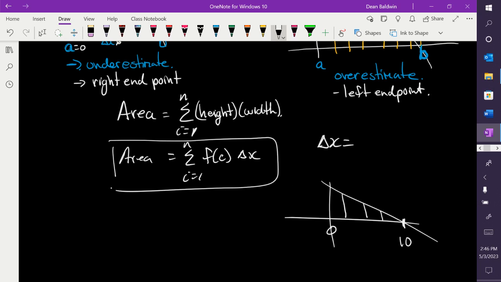So you go the difference between these 2 points, right? 10 minus 0, or b minus a divided by the number of rectangles. So delta x is b minus a over n, because n is the number of rectangles.